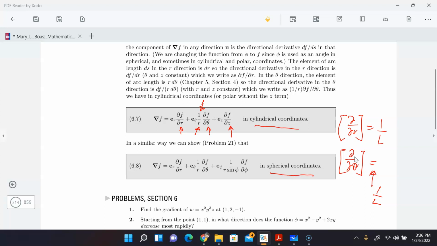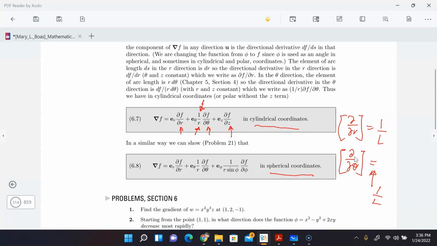I don't memorize them, so I look it up. But it's okay in your test if you need to use your gradient in terms of cylindrical coordinates. You are allowed to look at the book because you have an open book exam. So you don't need to memorize it, but you need to know how to differentiate.